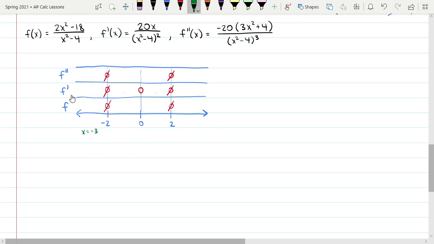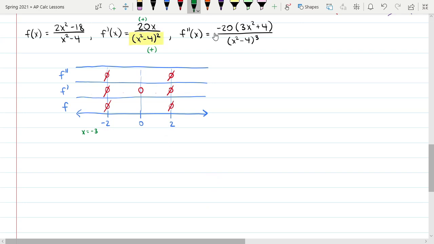Now, in f prime, so here's f prime, notice in f prime, that denominator is getting squared, which means that denominator is always going to be positive. Always, always, always. And 20, of course, is always positive. So the only thing we have to figure out is what's going to happen with x.